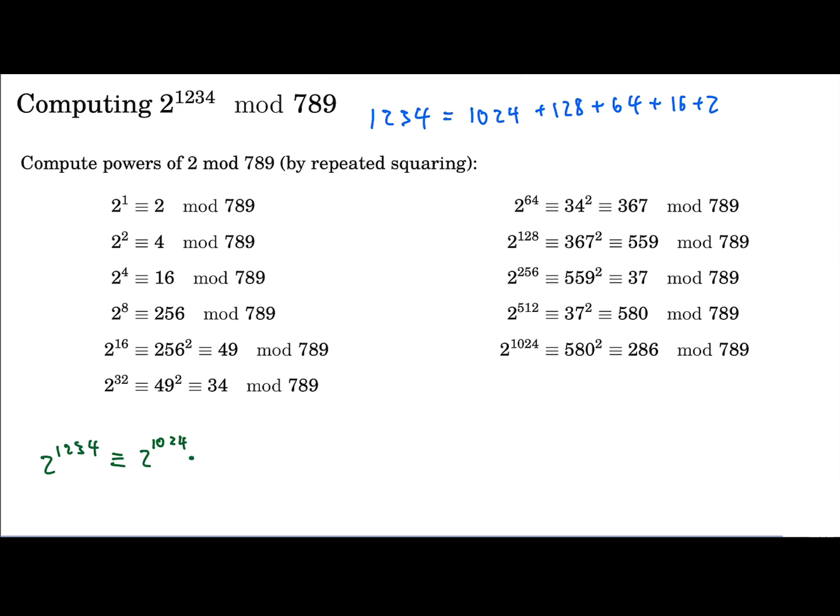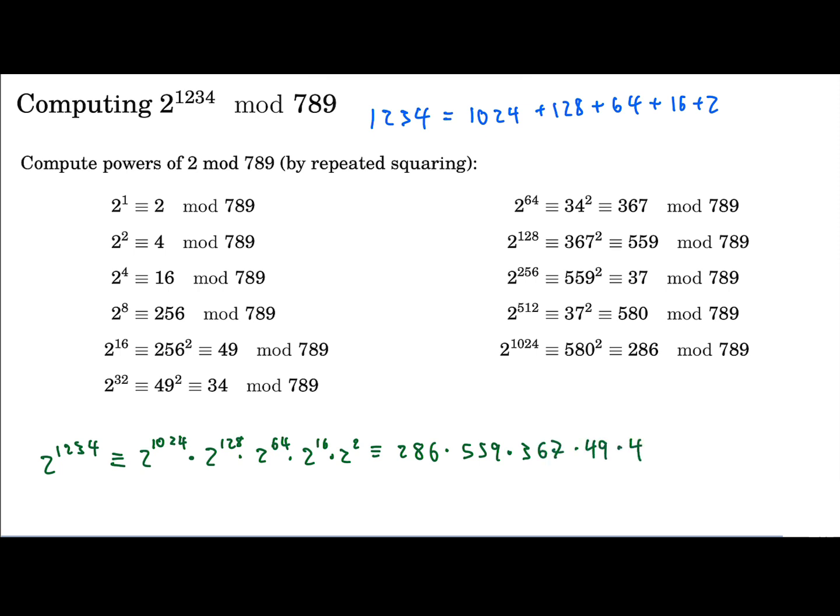So 2 to the 128 times 2 to the 64 times 2 to the 16 times 2 squared. And now these, you can go to your list that you computed here and get them. So the 1,234 is going to be 286 times 559 times 367 times 49 times 4.